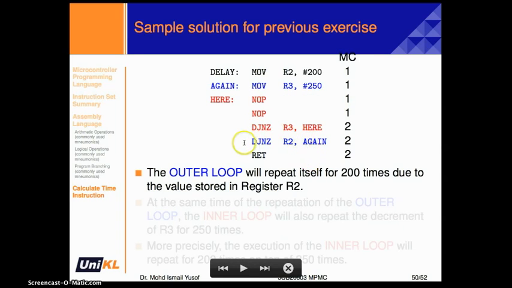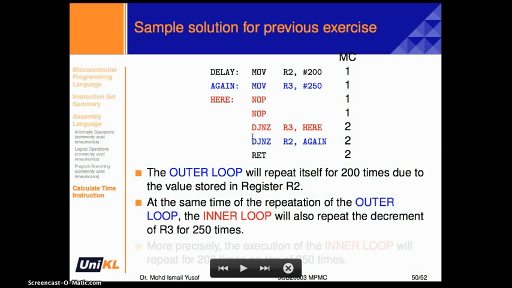When the program executes DJNZ R2 again, it will execute the outer loop, whereby the outer loop repeats itself 200 times because of the value of R2 and the DJNZ instruction. However, please observe that every time R2 is decreased, it will go back again and copy the value of 250 into R3.